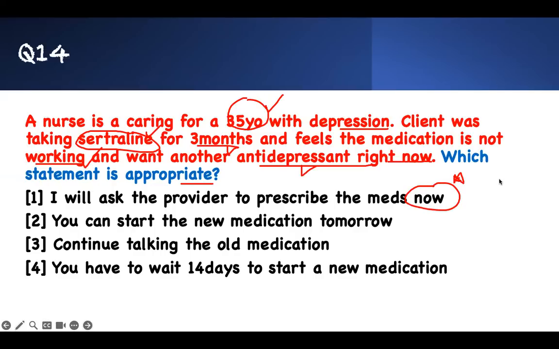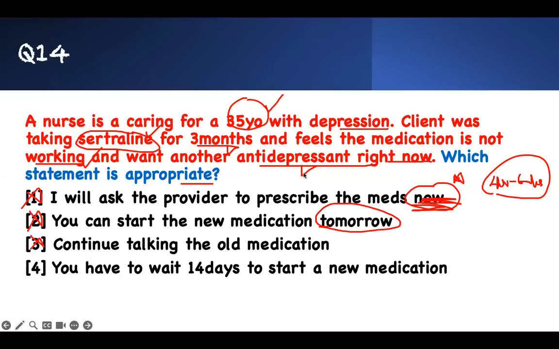Usually, if you take an antidepressant, it takes 4 to 6 weeks for you to see an effect. It's been more than 4 to 6 weeks, so the patient needs a new medication. But giving it now is a problem, so that's why this is a wrong answer. You can start the new medication tomorrow? No, you can't start it tomorrow. Continue taking the old medication? It's not doing well with it.